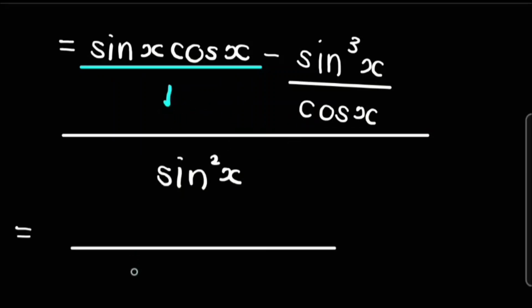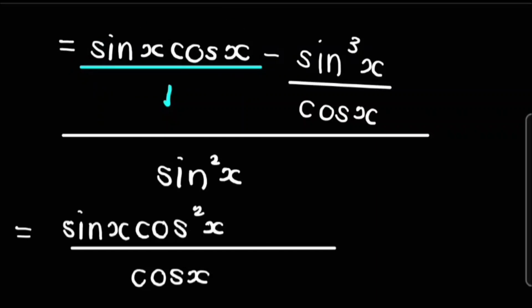So 1 times cos x is cos x. We then cross multiply. So we're going to take this cos x and multiply with sine x cos x. And that gives us sine x cos squared x. Since we have a minus in between, we're going to keep that minus and we cross multiply the other way. We have 1 times sine cubed x, which is sine cubed x.